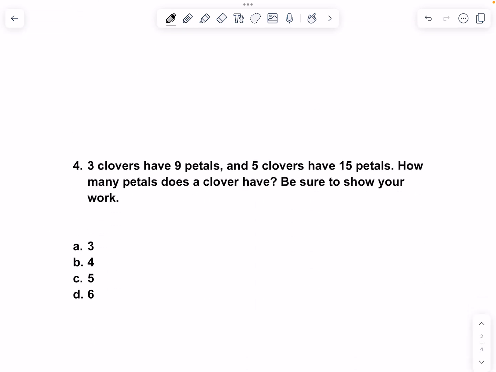This question is asking how many petals the clover has. We have our ratios: 3 clovers have 9 petals and 5 clovers have 15 petals. If it's asking how many petals one clover has, it'll be 1 clover over x petals, equal to one of these ratios.